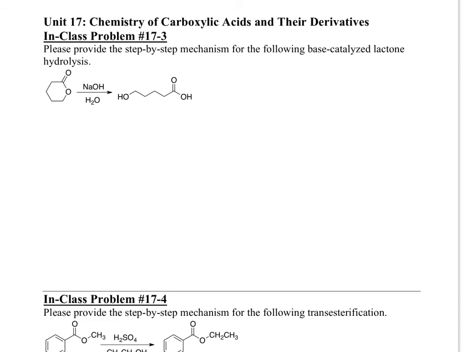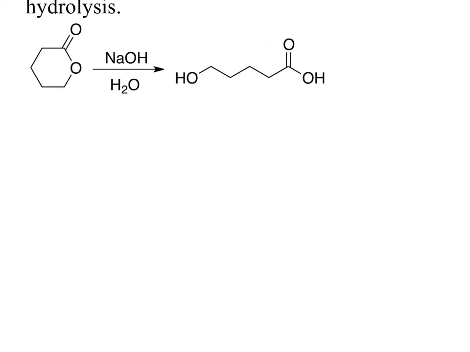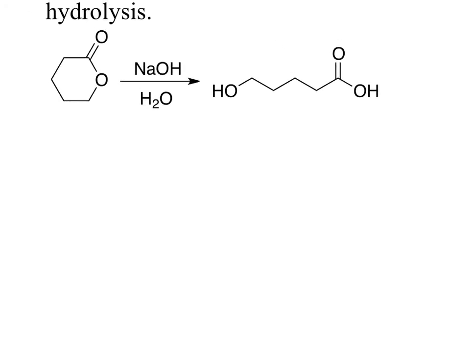Okay, now that you've had some time to work on these, let's go through them together. So let's take a look at the first one. Here we've got a lactone, and lactones are just esters, except they're in a ring. And so the hydrolysis under basic conditions of a lactone is going to be very similar to that of any normal ester.